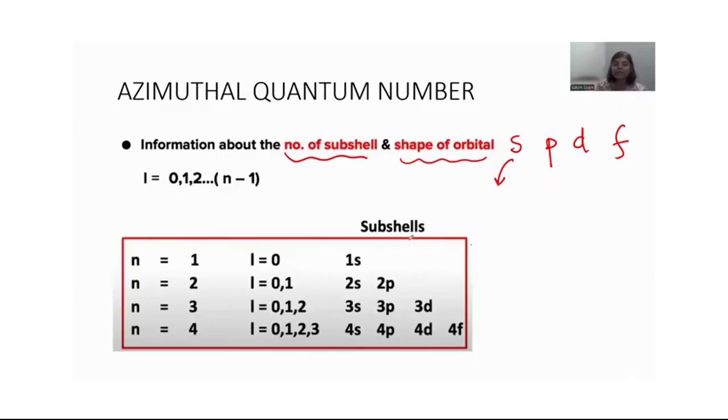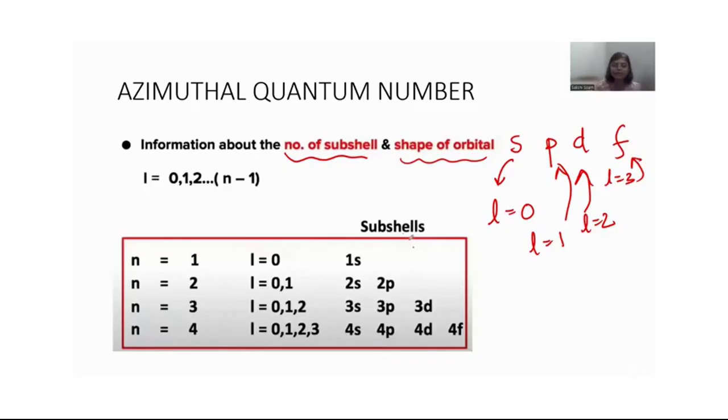So it tells us the subshell. For example, if l is equal to 0, I am referring to an s subshell. If l is equal to 1, I am referring to the p subshell. If l is equal to 2, d. If l is equal to 3, f.